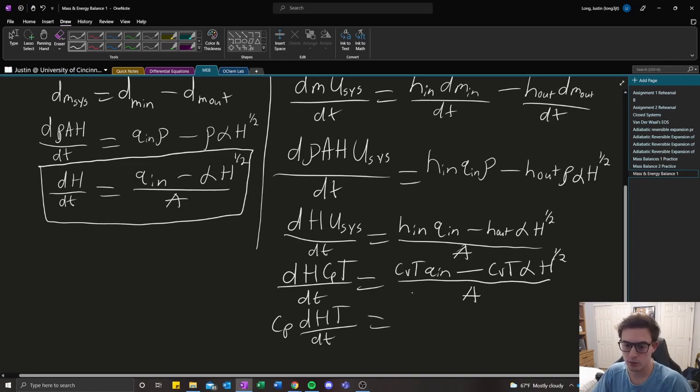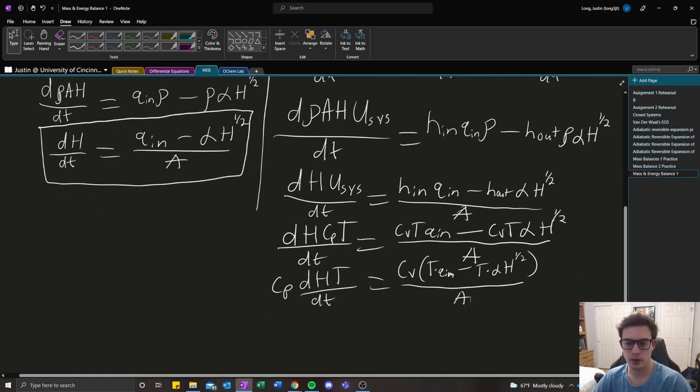And we're going to do the same thing here. We're just going to pull out the specific heat and then do the temperature times the flow rate in, Q in, minus the temperature times the flow rate out, which is alpha times height to the 1/2 power. And all of this is over the cross-sectional area.